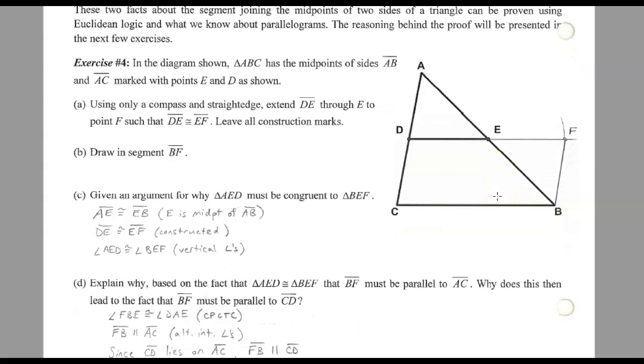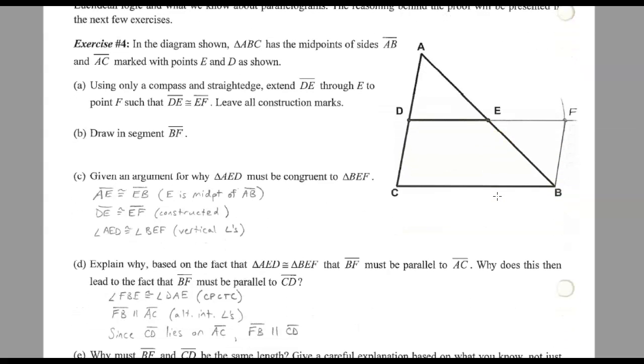So once those triangles are congruent, why does that show that BF, this segment out here, is parallel to AC? Well, typically when we want to prove things parallel, we want to look for alternate interior angles along a transversal. So because these two triangles are congruent, I can also say that angle FBE, which is down here where I'm pointing to, is going to be congruent to angle DAE up here. Those are the corresponding angles.